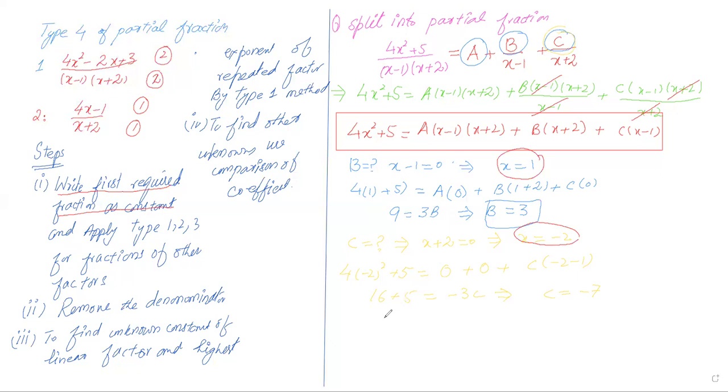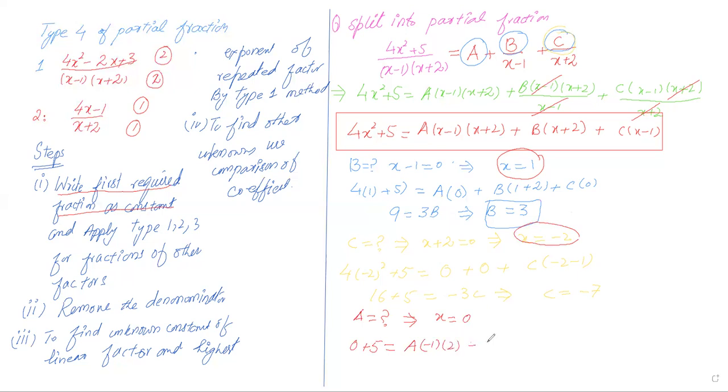Just observe over here. To find the value of A, any other value which you like, I will suppose X is equal to 0, because that is the simplest value. So when I put it in this rectangle, I will get 0 plus 5 on the first side. Then I have A times 0 minus 1 becomes -1, and 0 plus 2 becomes 2.